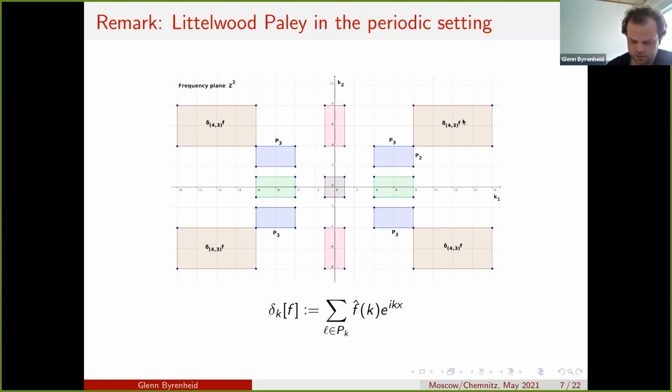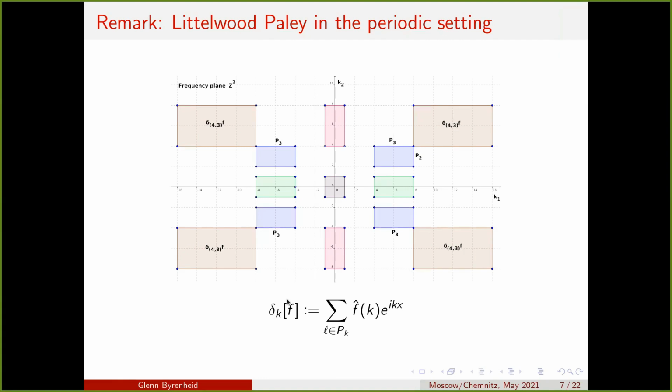So this is the union of the blocks with level k being 4, 3. So k is a vector, and so on. What we do is we truncate the Fourier series to these blocks and call it delta k of f.